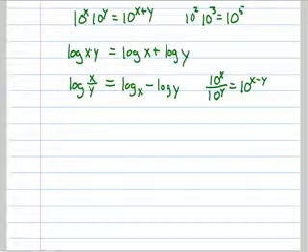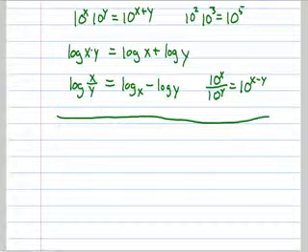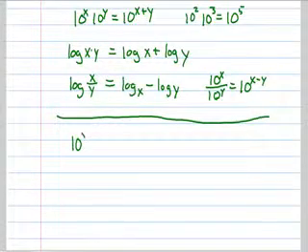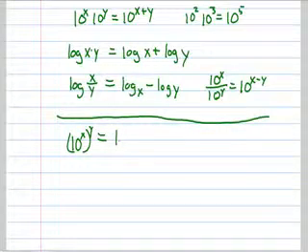Okay, last idea. Let's look at this one. If I have 10 to the x to the y, I know from my rules of exponents that this is 10 to the xy. So notice if I have an exponent to an exponent, I'm going to multiply the exponents.